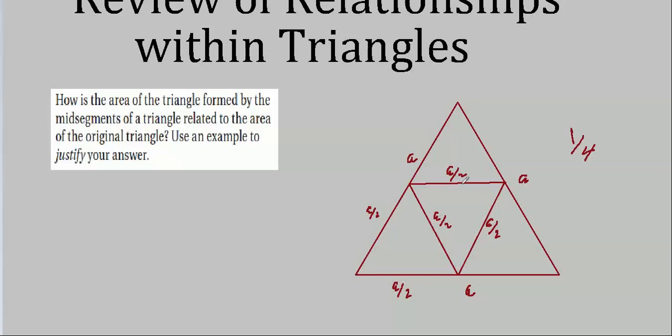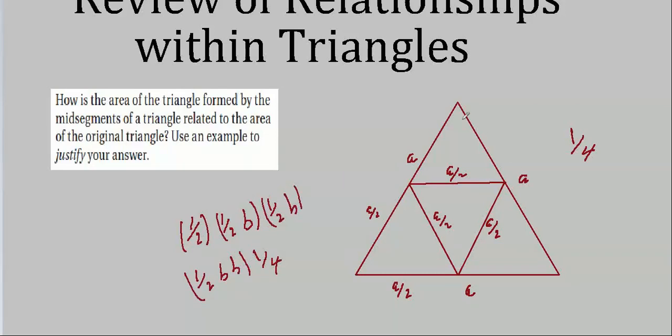So what happens is that the area turns out to be 1/2 of what? Well, the base is 1/2 of the original base, and the height is going to be 1/2 of the original height. And what does that give us? Well, 1/2 BH, the standard formula, times 1/2 times 1/2, which is 1/4.